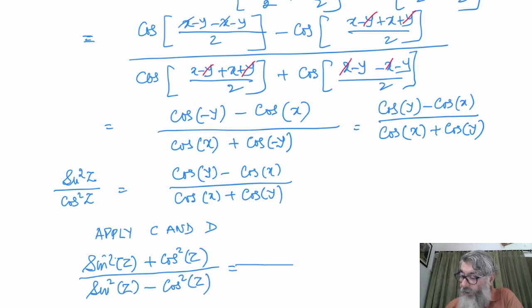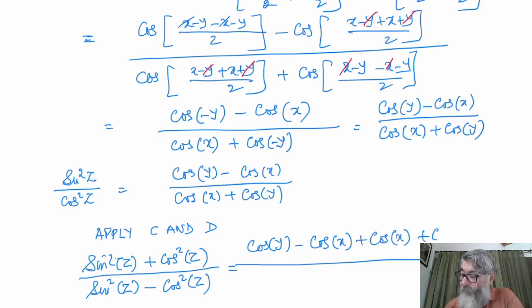Similarly on this side we'll add first cos y minus cos x plus cos x plus cos y, and here it will be cos y minus cos x minus cos x minus cos y.